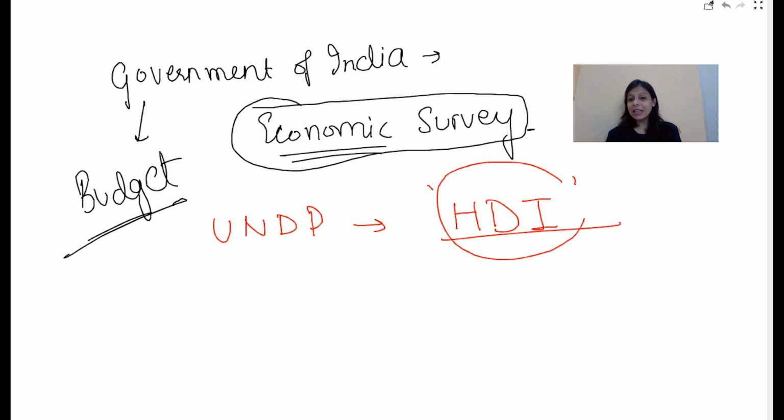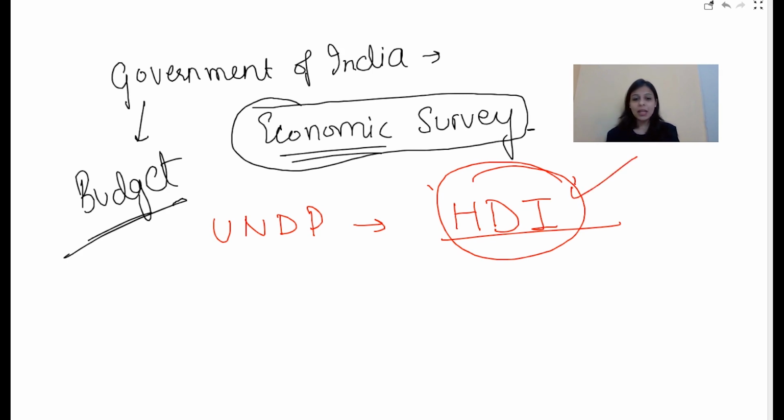I think this is a very important parameter, a scale on which you can rely to compare different countries, because it's not about the monetary aspect, but about taking care of human development. That Human Development Index is known as HDI, and it is developed by UNDP. We'll further study what HDI is.